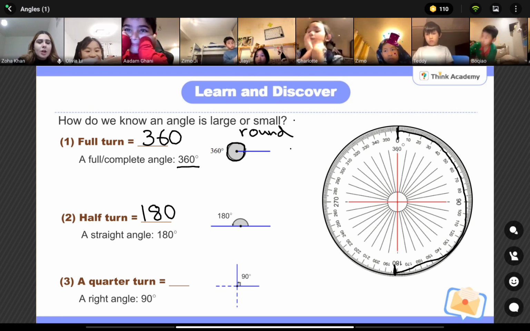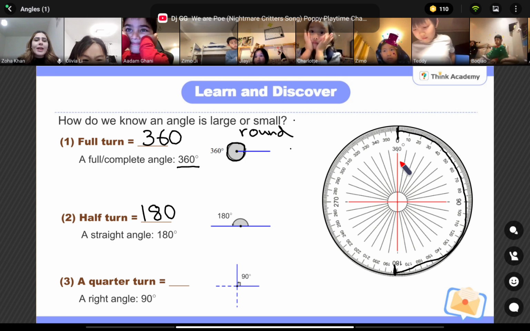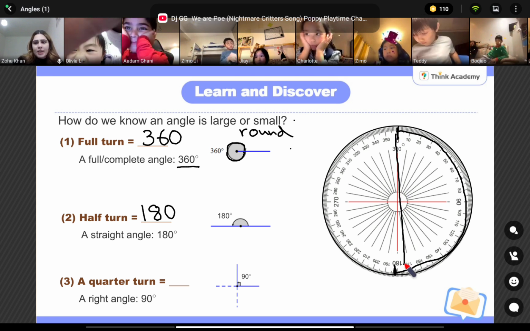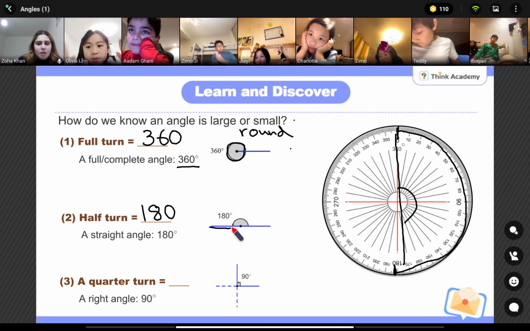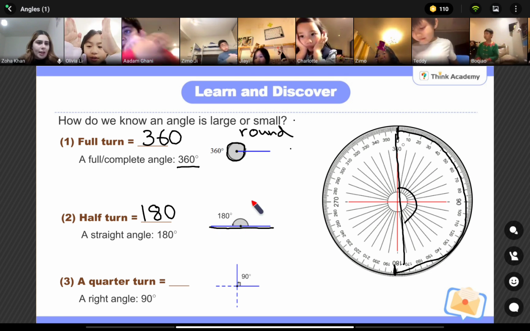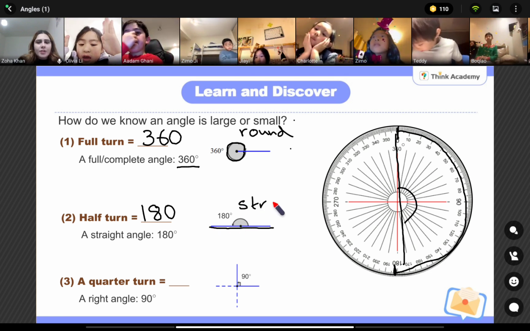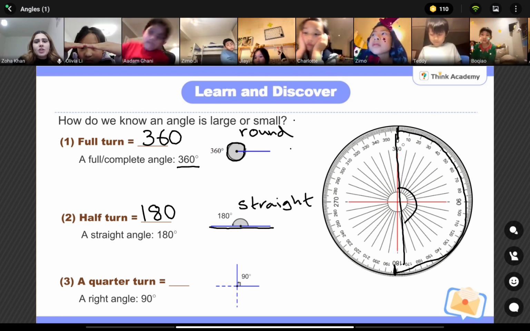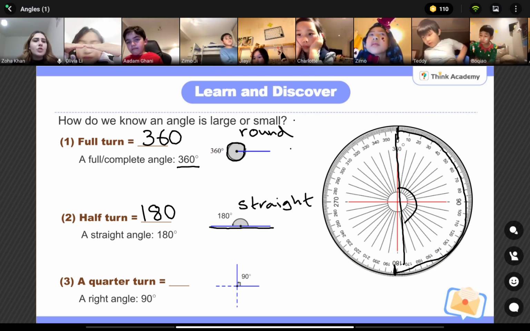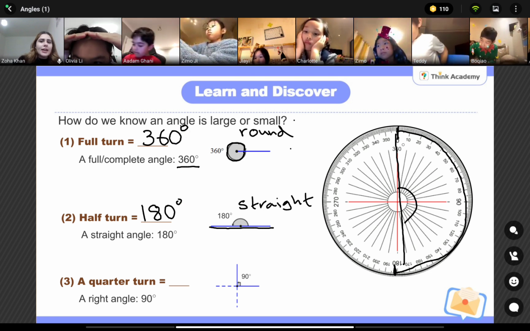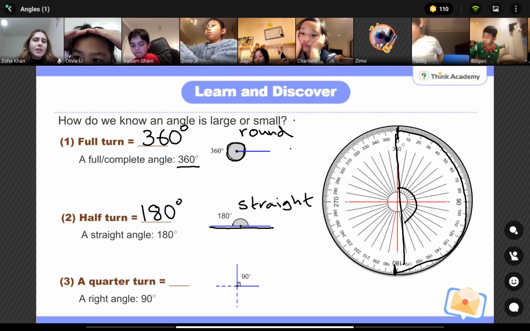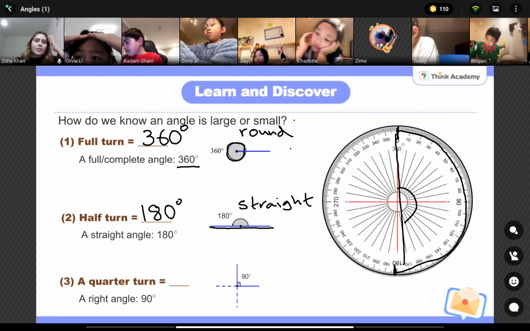And we call this a straight angle because look, over here, it's like a straight angle. You've got a straight angle like that. So half a turn, we can call it a straight angle and it's equal to 180 degrees. Okay, so half a turn is equal to 180. A full turn is equal to 360.